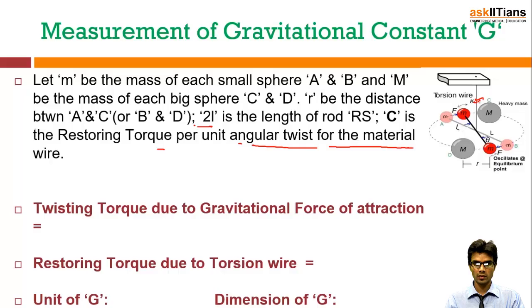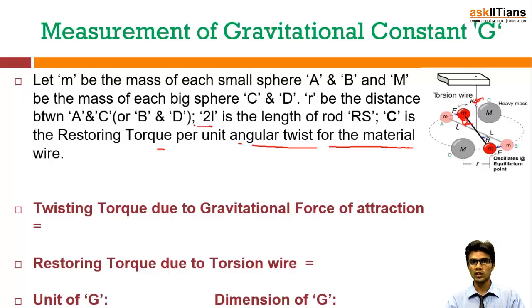Now we have to find it. Let us explain in other words. This is the AB mass, and the other two big masses are C and D. Due to this rotation by angle theta, there is a torsion in this wire.